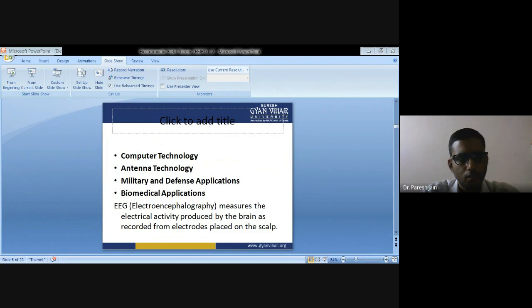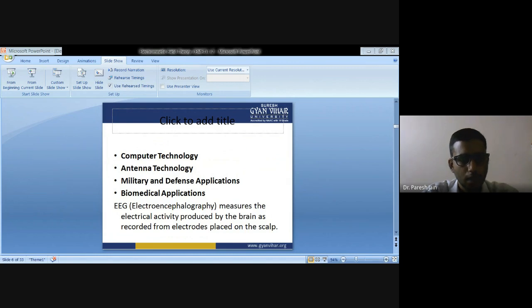The next application of EM waves is military and defense applications. In the military, missiles work on electromagnetic principles. Radar, that is radio detection and ranging, also works on the basic principle of EM waves or electromagnetic field theory.